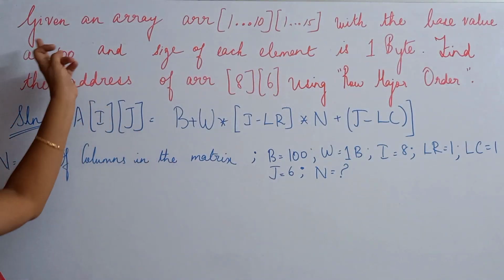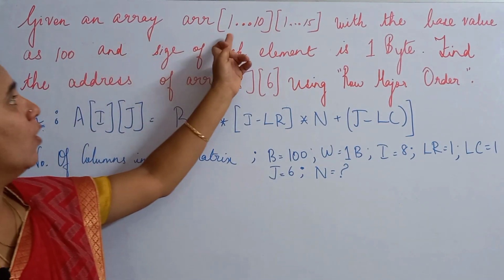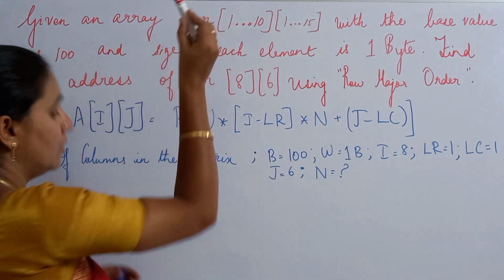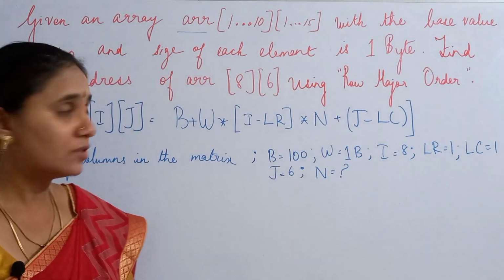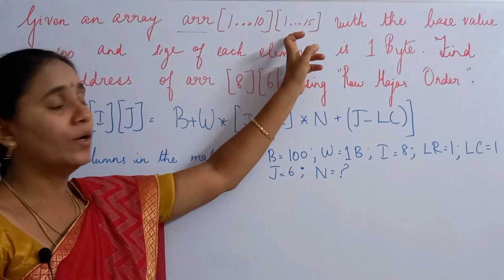The question given is, given an array ARR. The index values are given as 1 to 10 and 1 to 15.